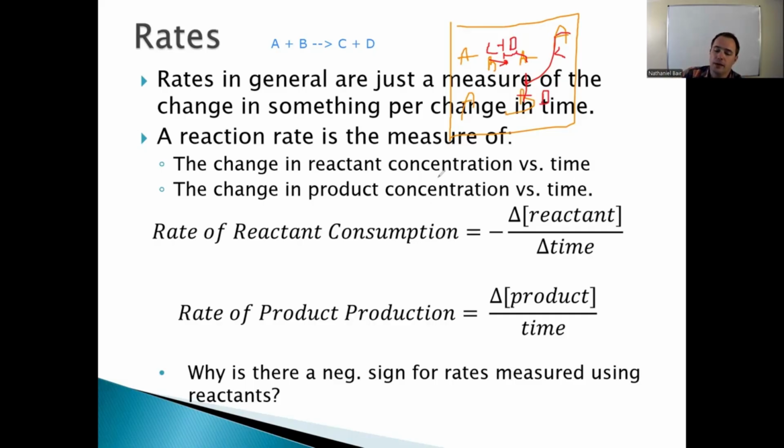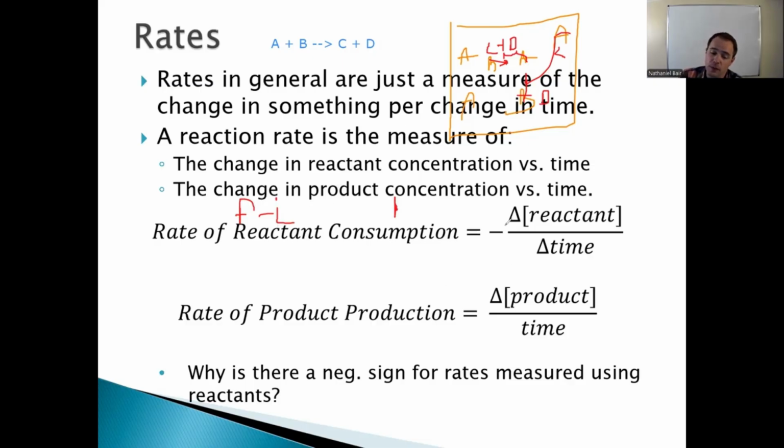If we measure the rate of this reaction by the change in concentration of a reactant versus time, what's happening to the reactants? Well, the reactants are going to be consumed in the reaction, and the concentration of the reactants is going to decrease. Change is always final minus initial. So my concentration after 30 minutes, my final, is going to be less for a reactant than what I started with at the beginning, the initial.